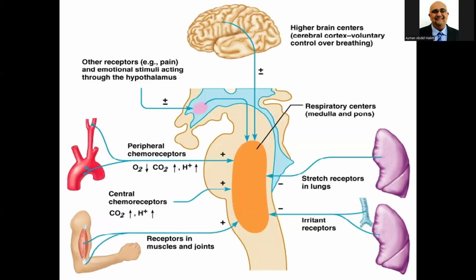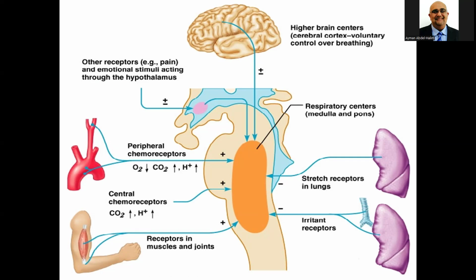So this nice picture shows you the physical components affecting breathing, including the respiratory center, which is located basically in the medulla and the pons. This is the one that's responsible for the breathing process itself.